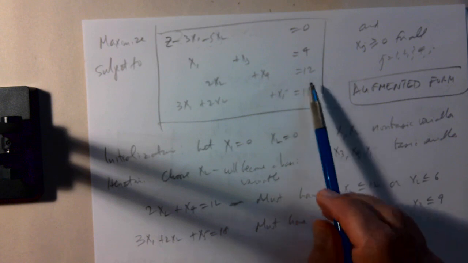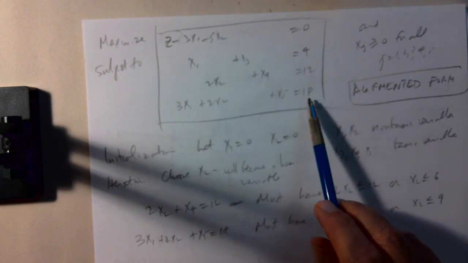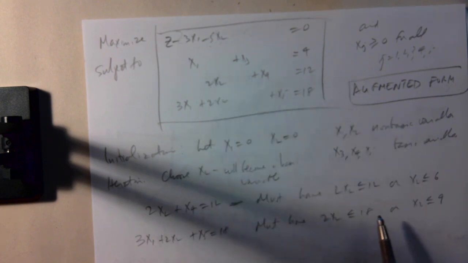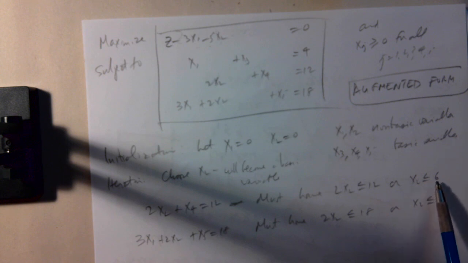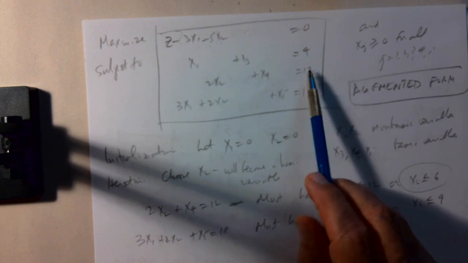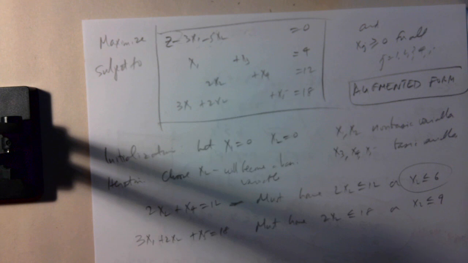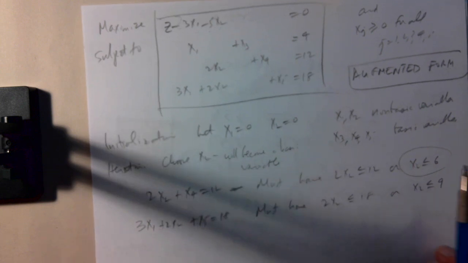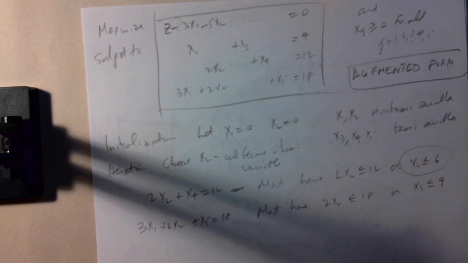So we're looking at this ratio. 12 over 2 is 6, 18 over 2 is 9. x2 has to be less than or equal to 6 and 9, which is the same as less than or equal to 6. So when you look at the ratios 12 over 2 and 18 over 2, the largest we can make x2 and still satisfy the non-negativity conditions is x2 equals 6.